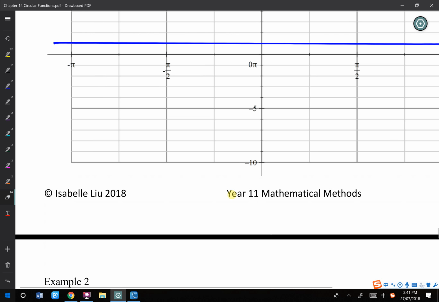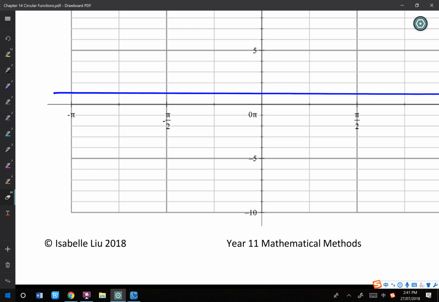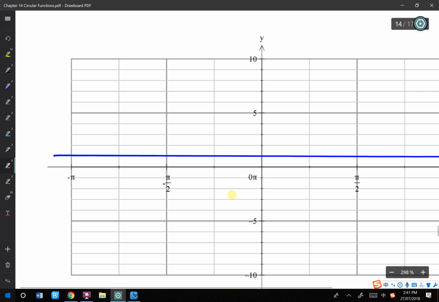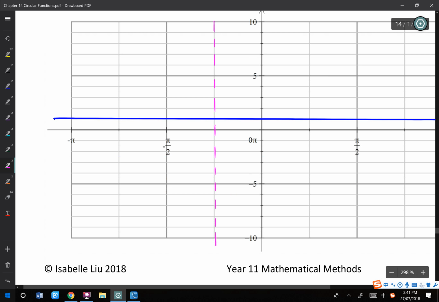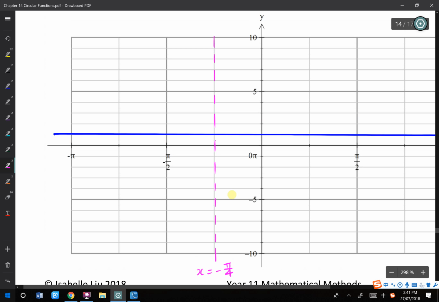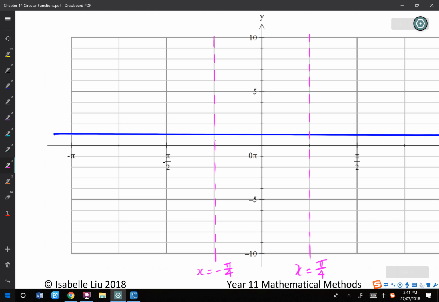Think about these two asymptotes. According to what I'm doing, here x equals minus pi over 4, and here x equals pi over 4. Okay, what's the period?